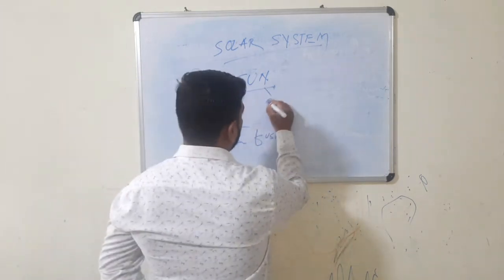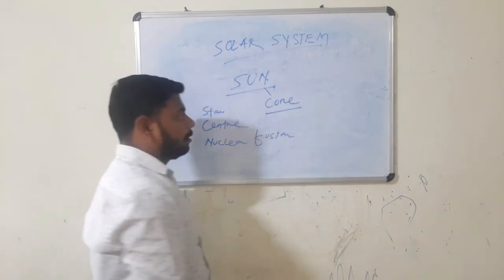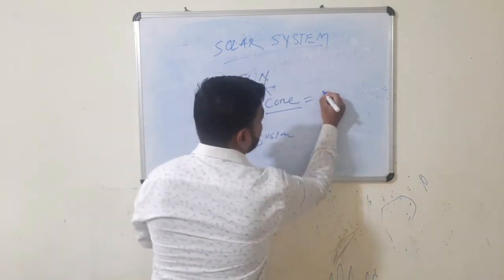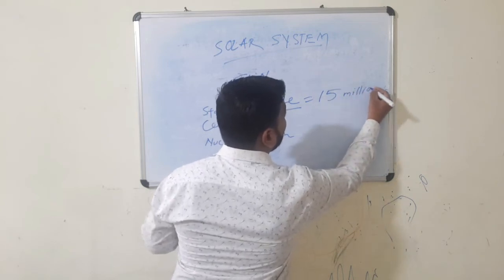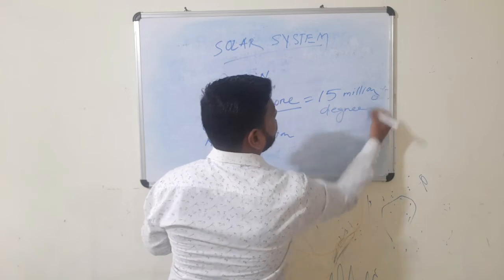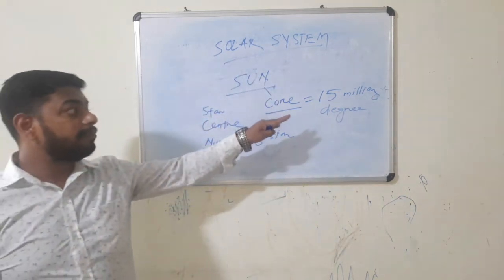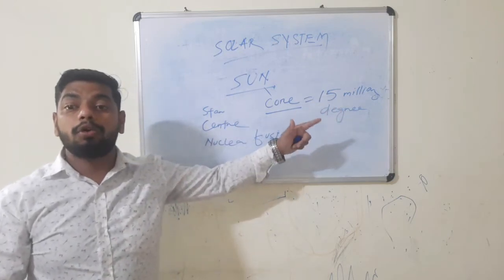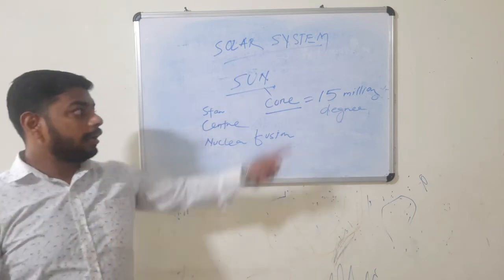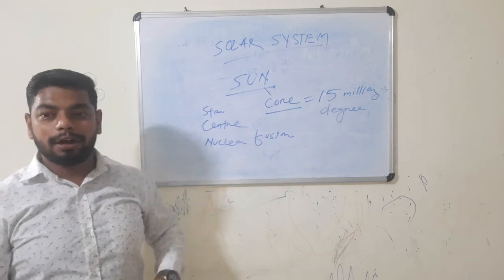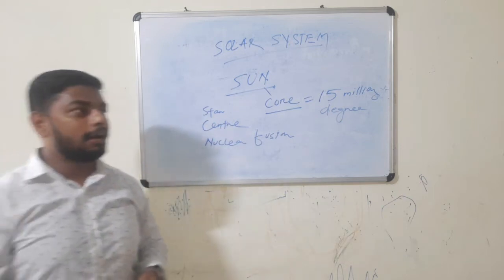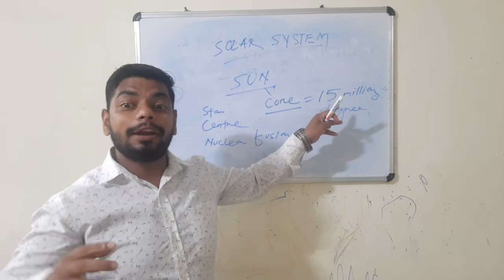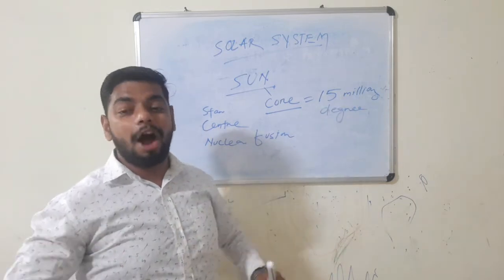In fact, the temperature at the core of the sun is around 15 million degrees Celsius. That is 1.5 crore degrees. In summer the temperature is around 40 or 50 degrees, but the sun's core is 1.5 crore degrees Celsius, just imagine how much.